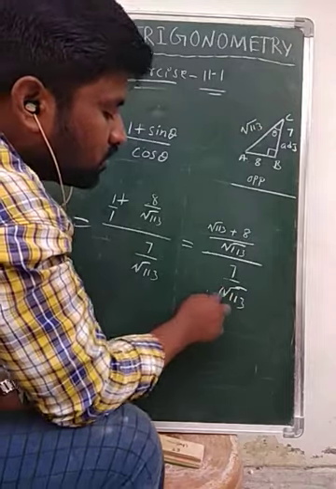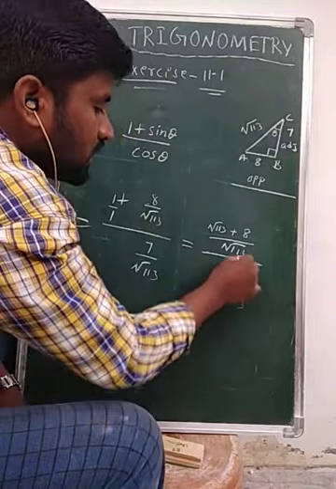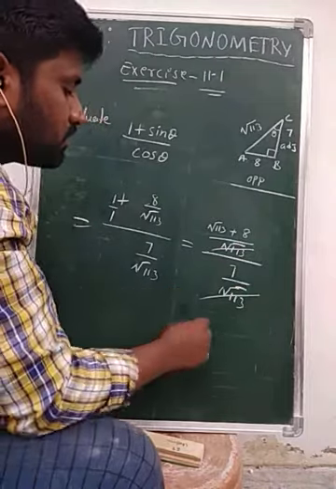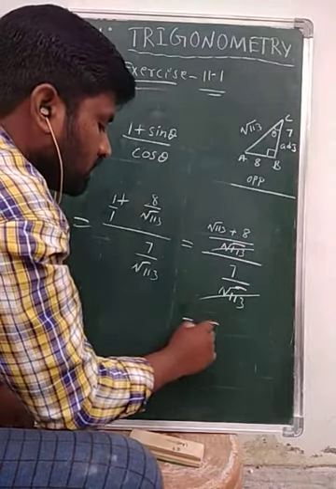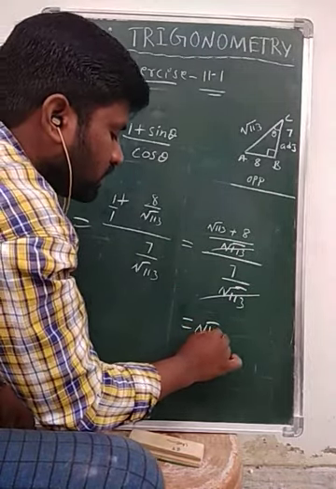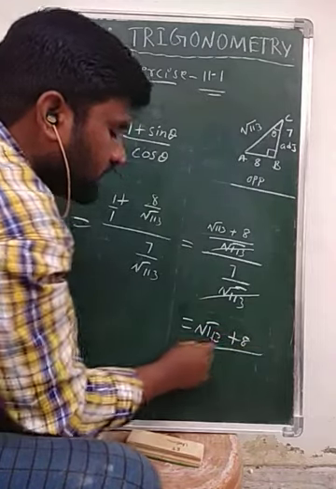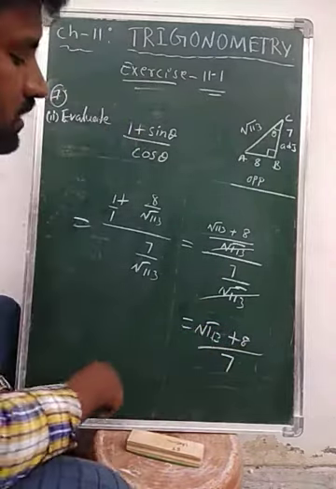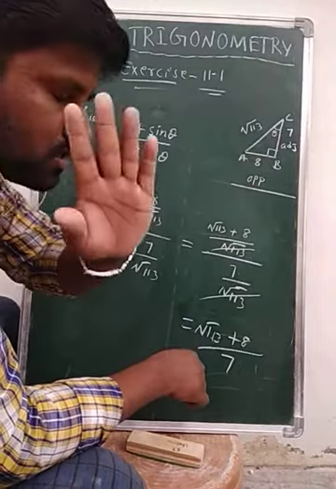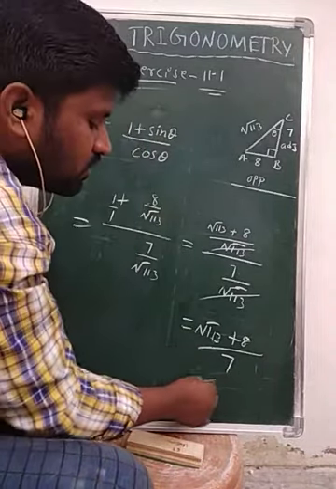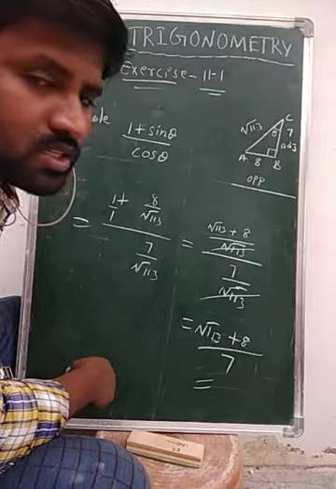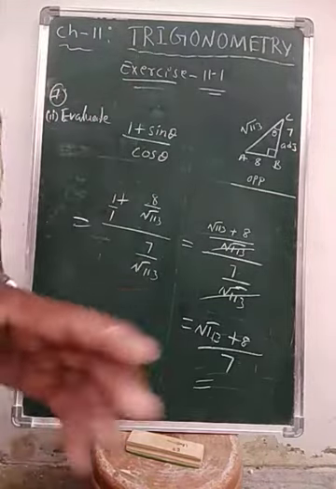So under root of 113. So clearly the denominator cancels. We get under root of 113 plus 8 by 7. So this is the required answer for this question. Is that clear, students?